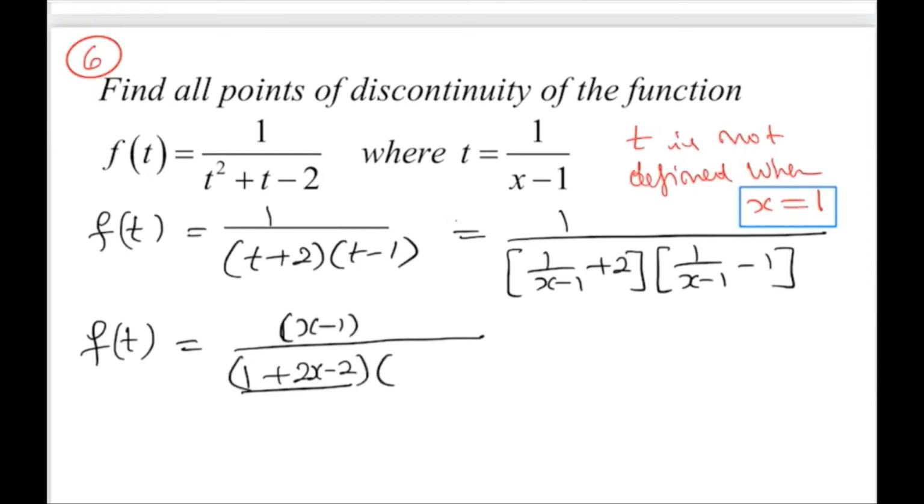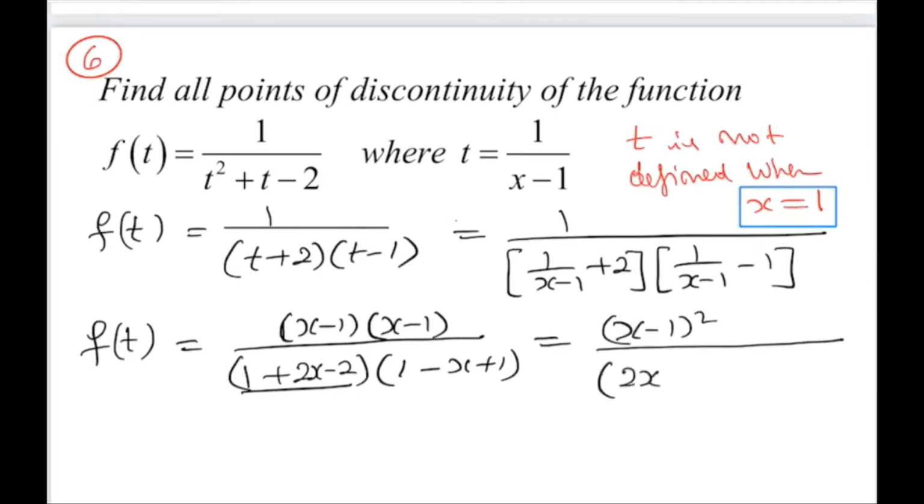Here 1 minus x plus 1, the denominator x minus 1 goes to the numerator. So that becomes x minus 1 the whole square upon 2x minus 1 into 2 minus x. Which is not defined when 2x minus 1 equal to 0 and 2 minus x is 0.